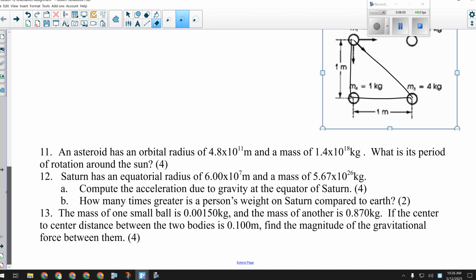And tell me how many times greater your weight would be on Saturn than on Earth. The answer may surprise you. And number 13, again, you've got two masses, you're told how far apart they are. You're looking for the gravitational attractive force between them.